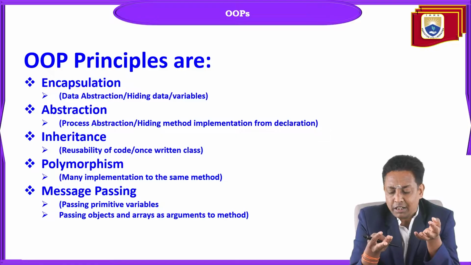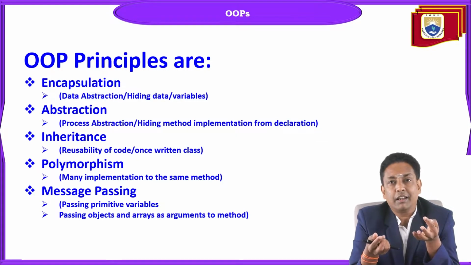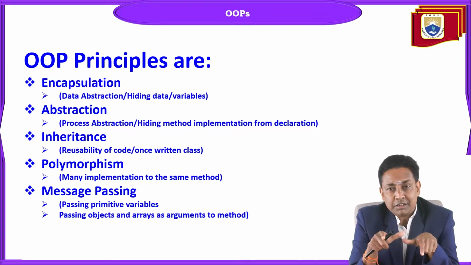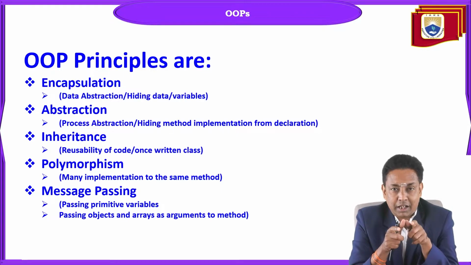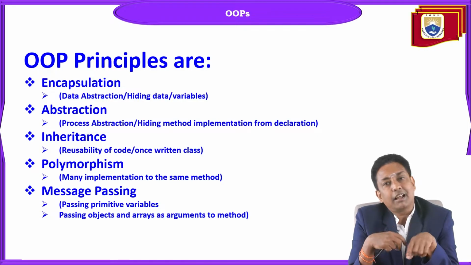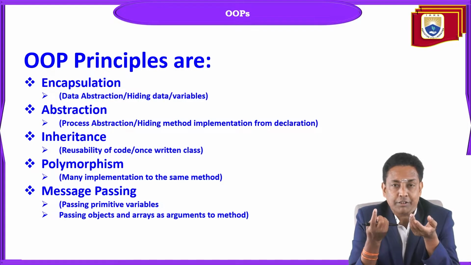So six to seven varieties of classes are written in Java programming. Each type of class has its own significance.